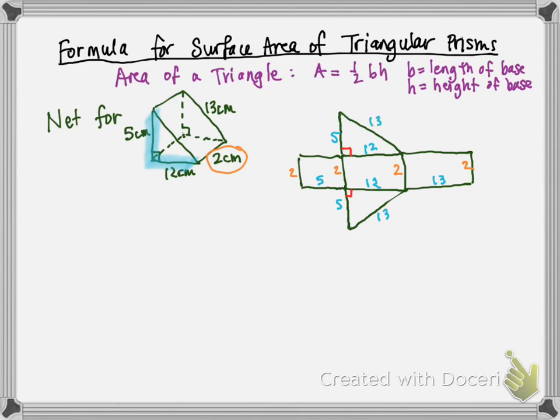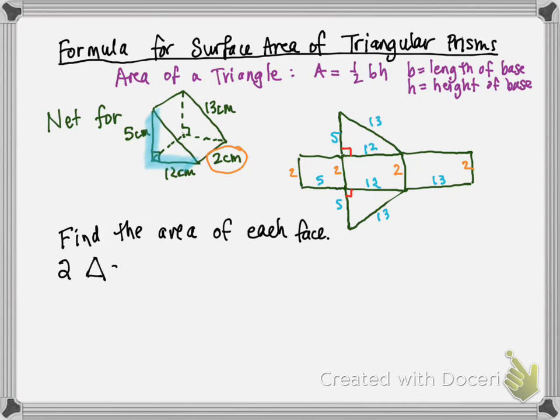Okay. So instead of coming up with a formula, we're going to write it down as figuring out the area of each face. One thing we should notice is we have 2 triangles that are identical.